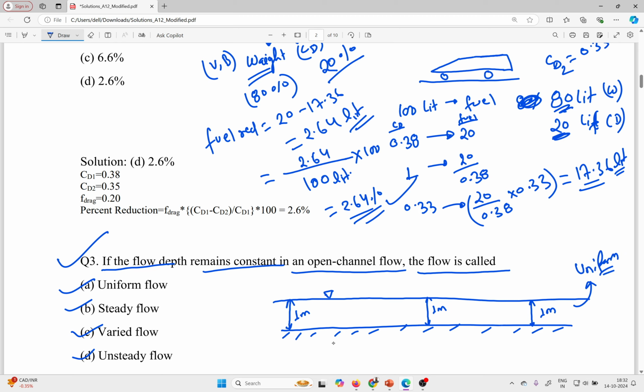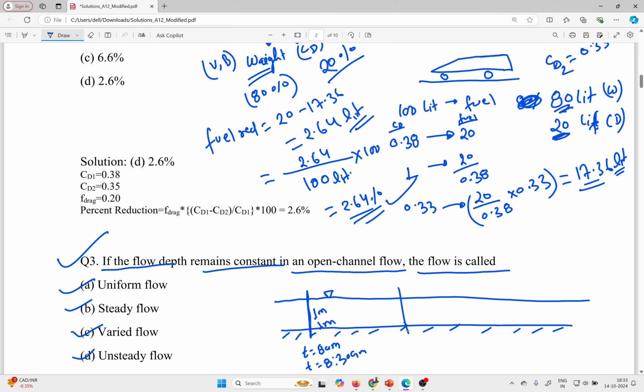What is a steady flow? Let me discuss. If this is flow depth, at a particular point your flow is 1 meter. Let's suppose T is equal to 8 am, T is equal to 8:30 am, depth should be 1 meter.